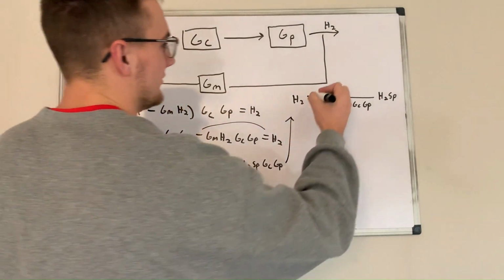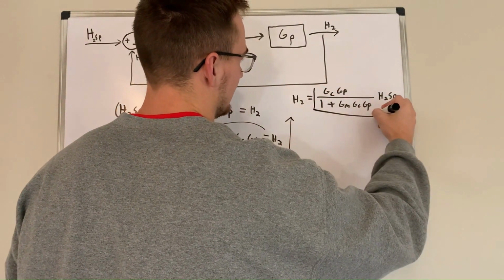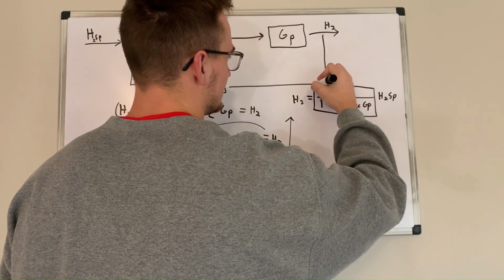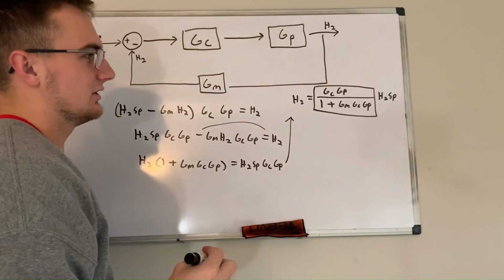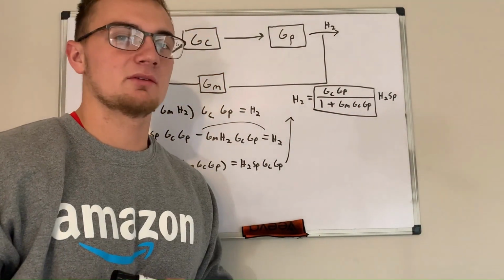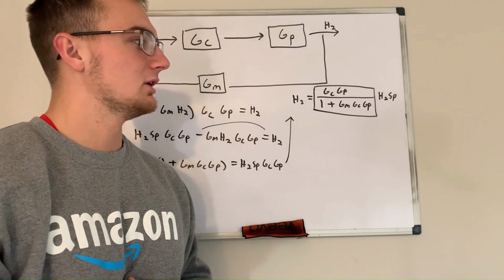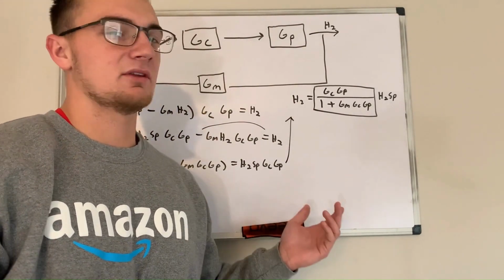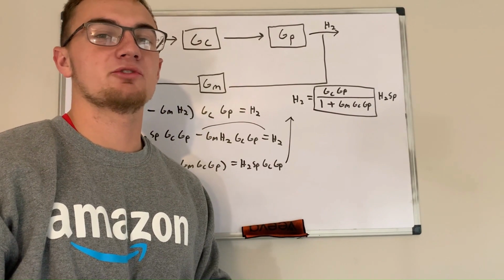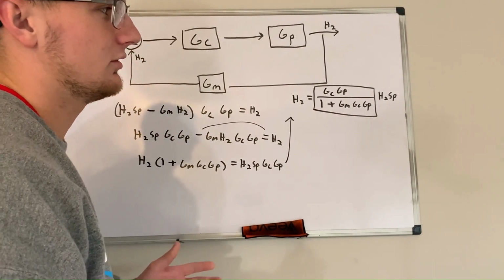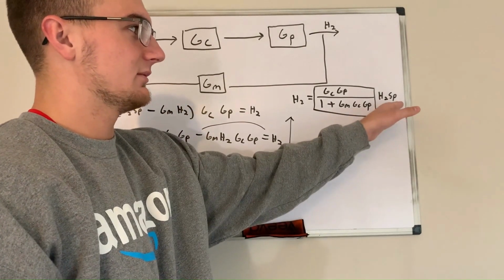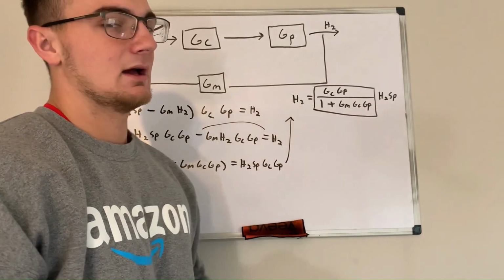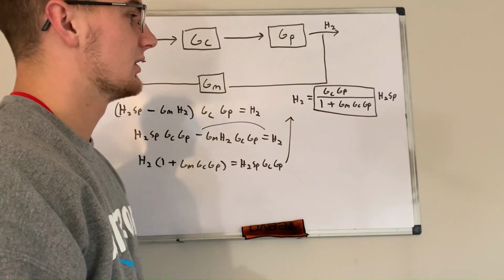So this little block of equation here is essentially our transfer function for a process under feedback control. I've heard that this is also called a servo function. All that means is that we can specify some set point and then see how the height in the second tank responds.